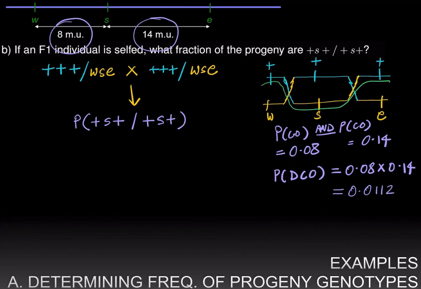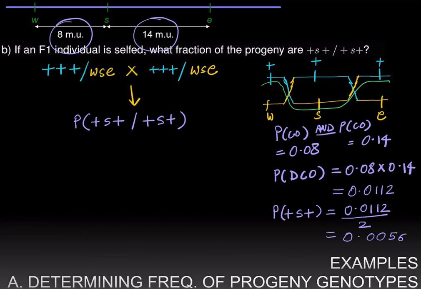Now, every double crossover event leads to two genotypes, plus S plus and W plus E, and therefore the probability of getting a plus S plus gamete is half of the probability of a double crossover, which is the same as 0.0056.